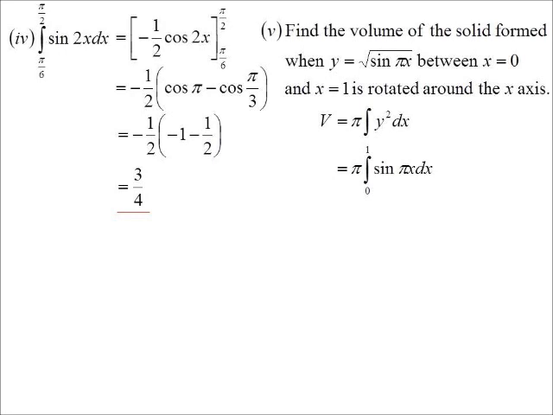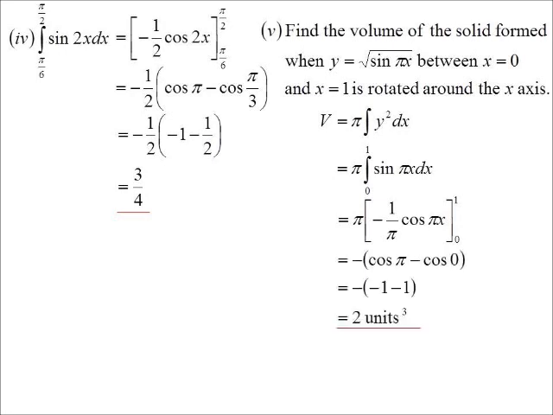So square root of sine pi x becomes just sine pi x, so sine of a linear function. So 1 over the coefficient of x, so 1 over pi, which will end up cancelling with the pi out the front. Sub in 1, we get cos pi, minus sub in 0, we get cos 0, and there we just get a nice neat answer of 2 units cubed.